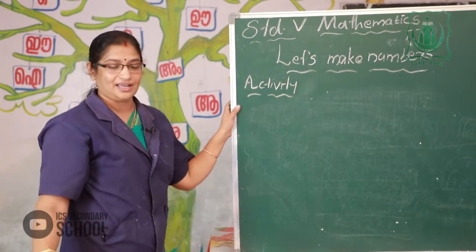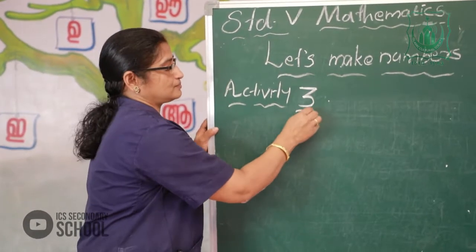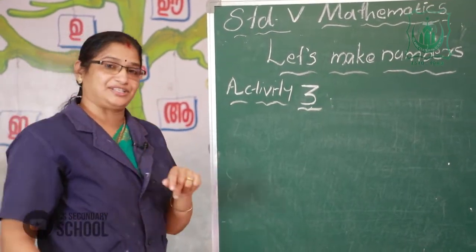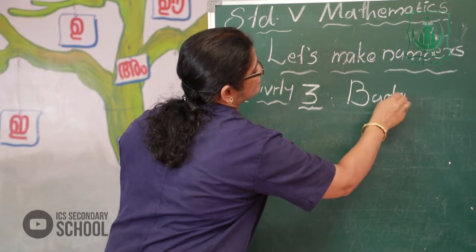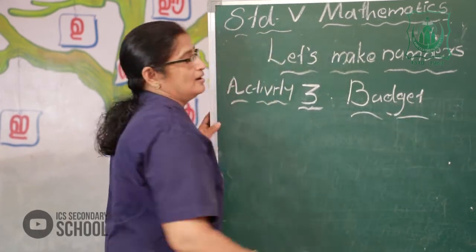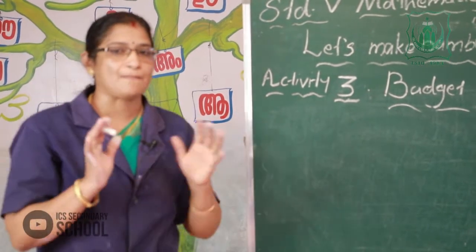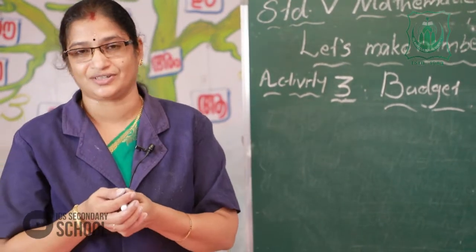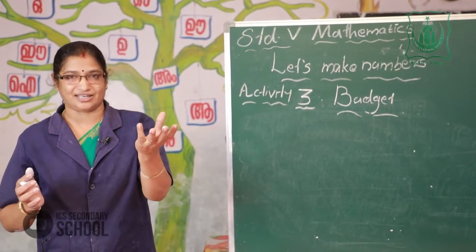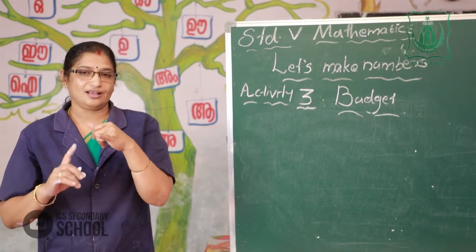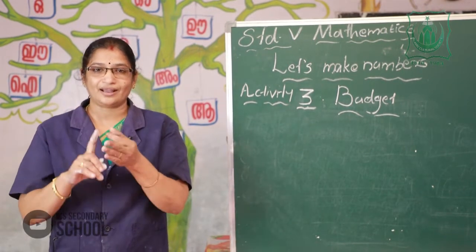Next activity, activity 3. Activity 3 name: Budget. A Grama Panchayat allotted some money for various sectors: education, health, road development, drinking water.